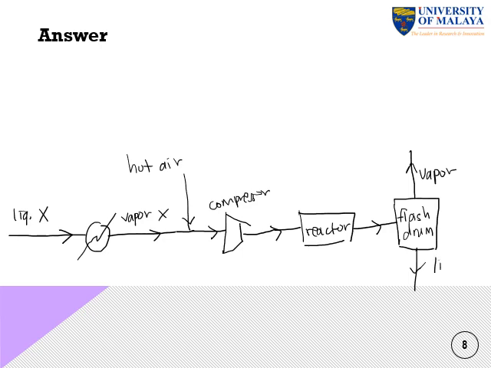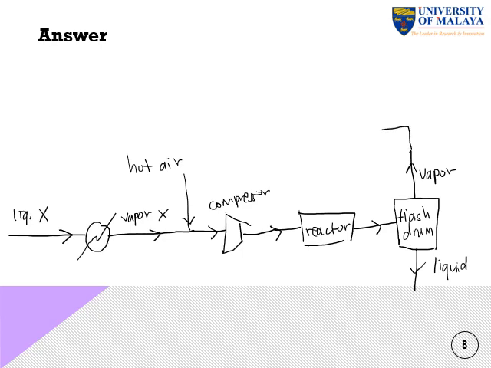It manipulates the temperature and pressure to separate the mixture into vapor and liquid phases. So the vapor will have a different composition of components X and Y, and then the liquid also has a different composition depending on the relative volatility.